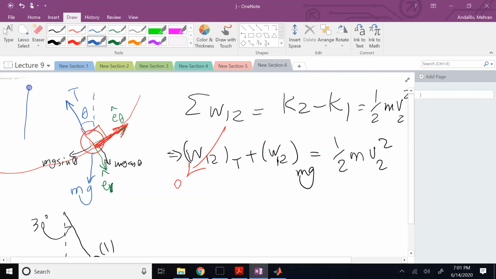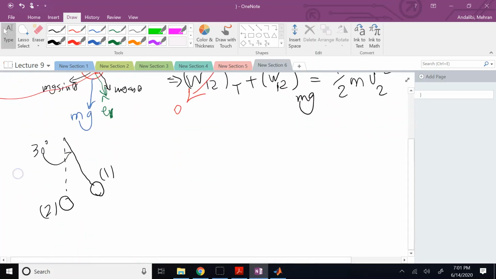So if I say this is traditional y, then y of 2 minus y of 1 times negative mg is the work done by gravity. In other words, if I say this is y of 1, this is y of 2, all I'm looking for is this vertical distance, delta y. That's all I need, negative mg delta y.